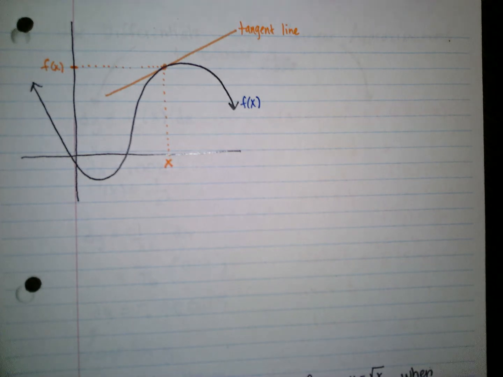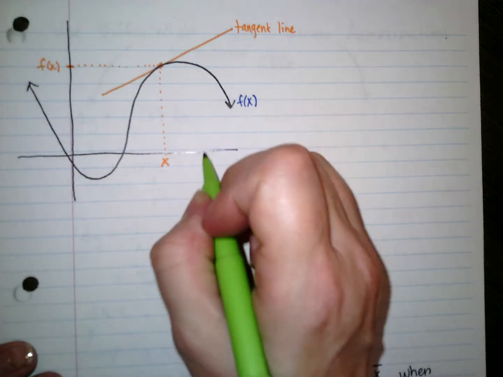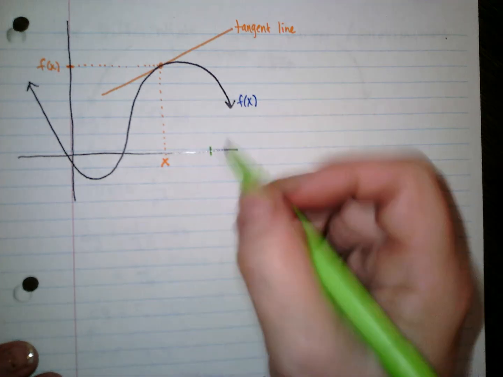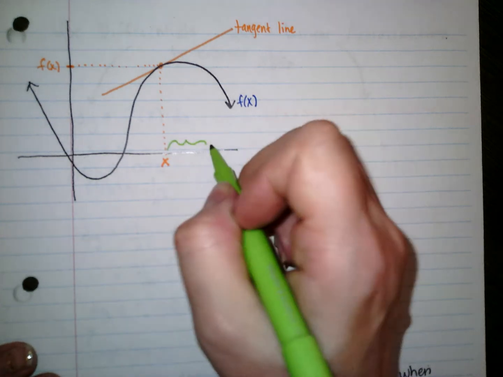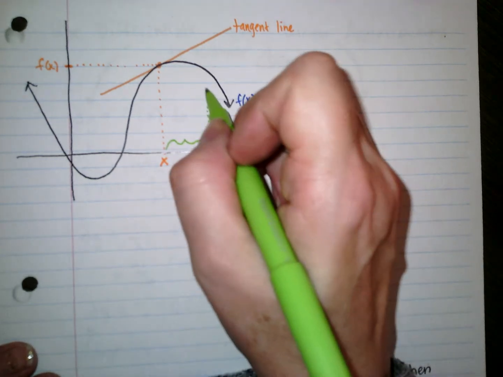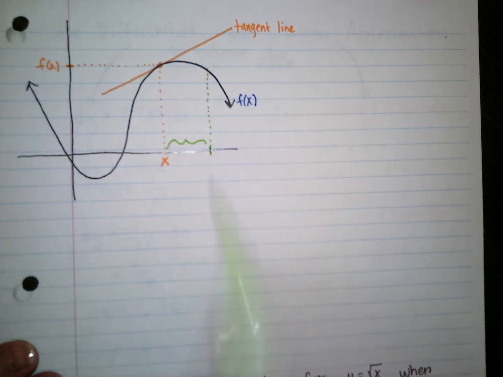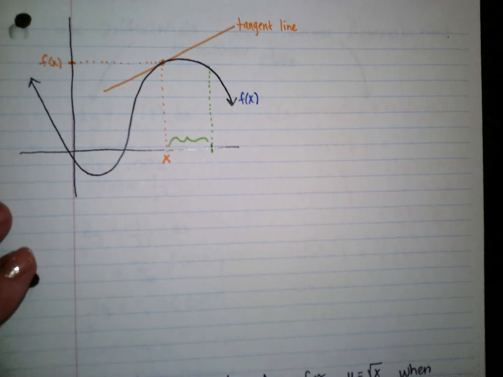But what I'm going to do is scooch over a little bit from x. I'm going to scooch over quite a ways because I want you to really be able to see it. So I'm going to scooch over to here. And what we're going to call that distance here, that is the change in the x value. So what did we call the change in x when we did differentials? We called it dx.